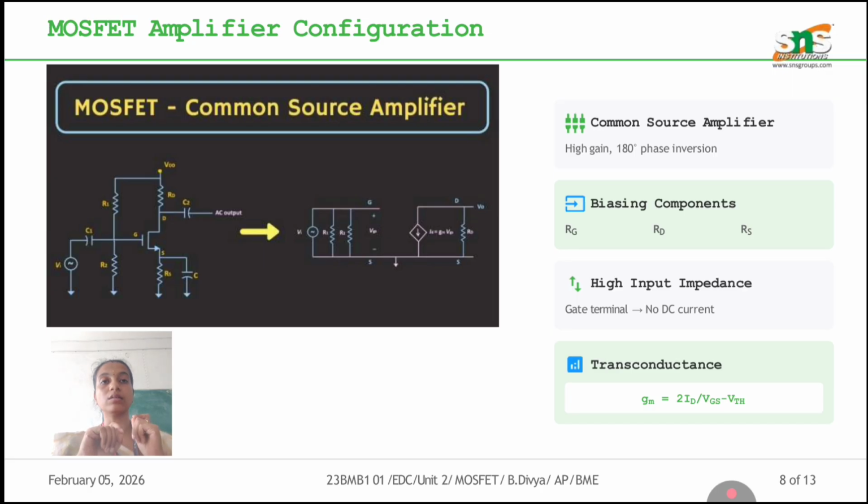This is how the MOSFET is transformed into a common source amplifier, which gives a 180 degree phase inversion, where the output is very high compared to the input. These are the components and the working of how the MOSFET is transformed into an amplifier application.